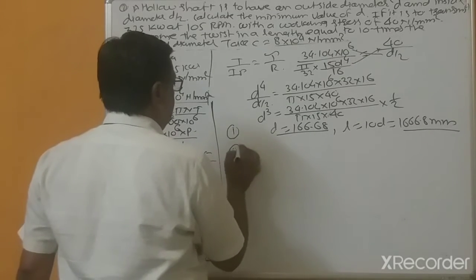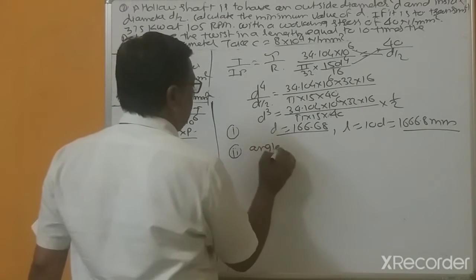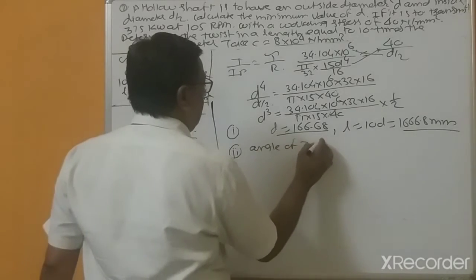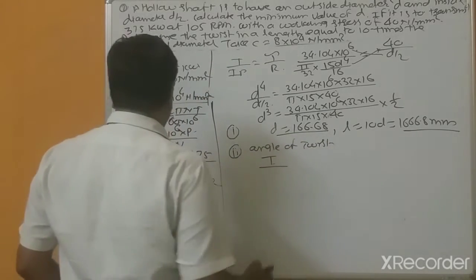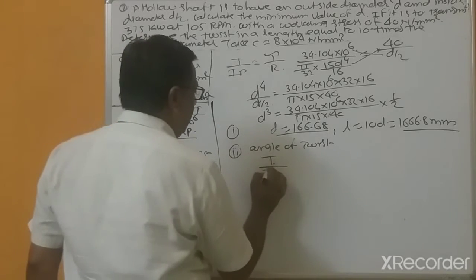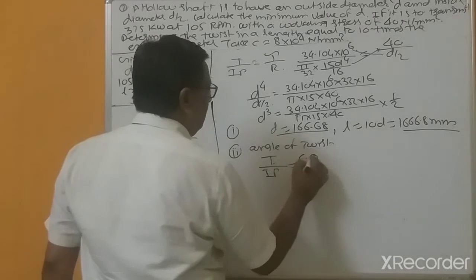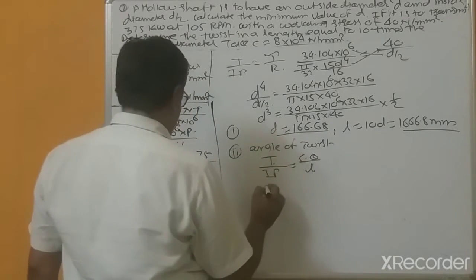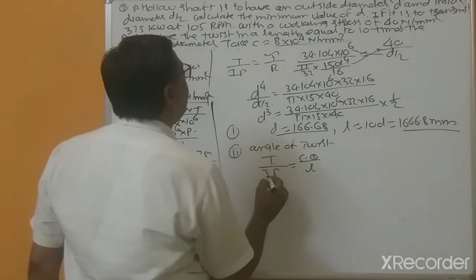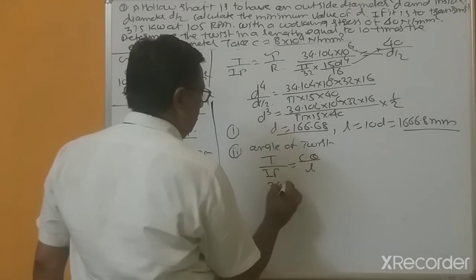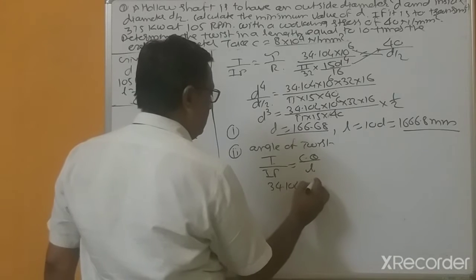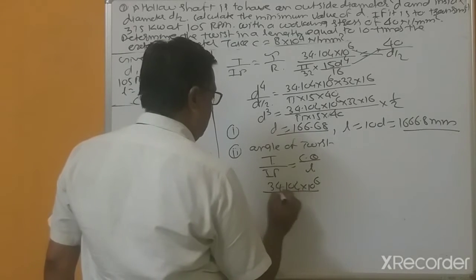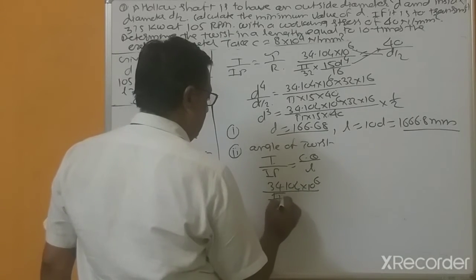Second bit, angle of twist. So for angle of twist, again we have to consider, because this is given, C theta divided by L, T equal to 34.104 into 10 to the power 6, pi by 32.